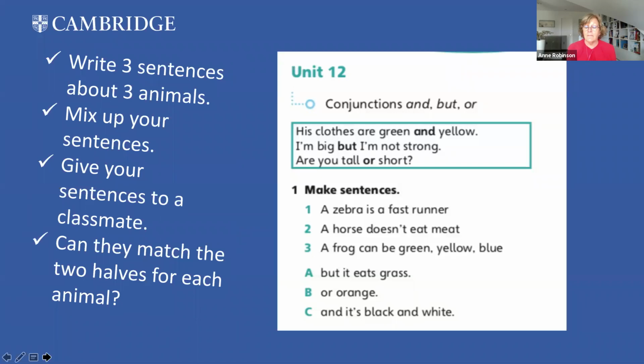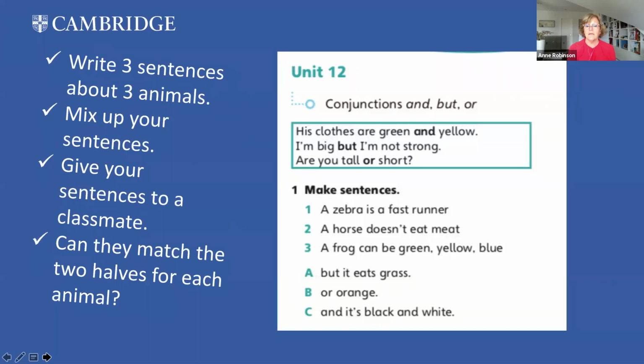Another activity could be substitute the animals in the sentences. So which other animals are fast runners? For example, a tiger is a fast runner. Is it black and white, a tiger? Or what adjustment would they have to make in the second part of the sentence?